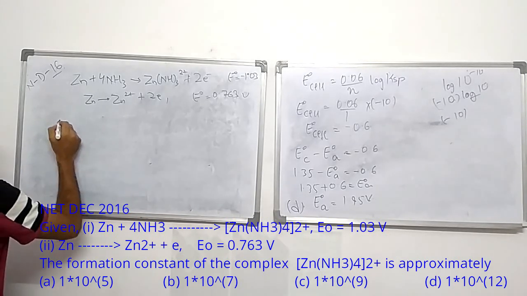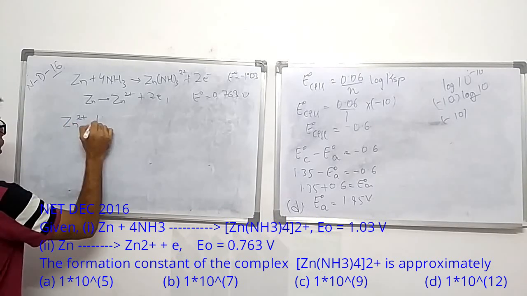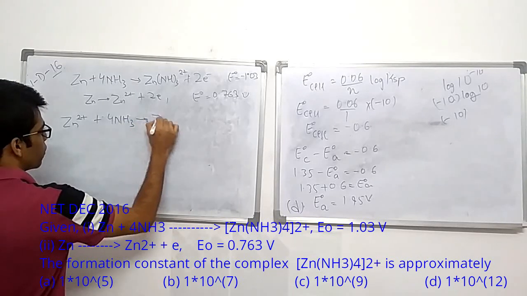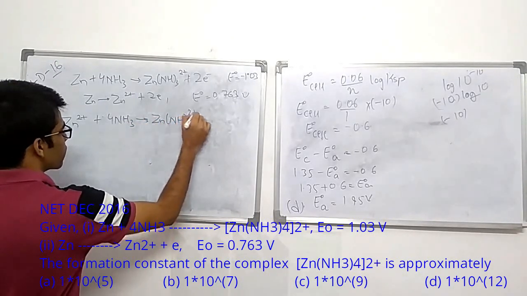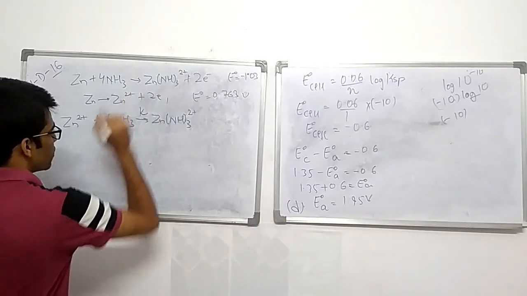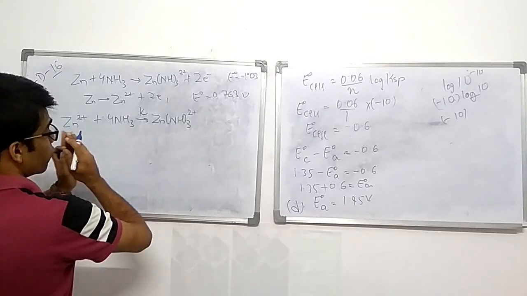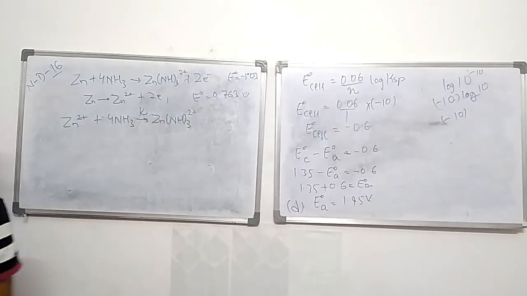Formation constant means if zinc 2 plus and 4 ammonia molecules come together, they will form the zinc ammonia complex and K is the formation constant. That means you have to find the stability constant, the equilibrium constant for this reaction.